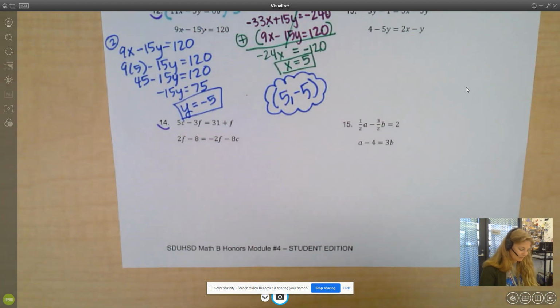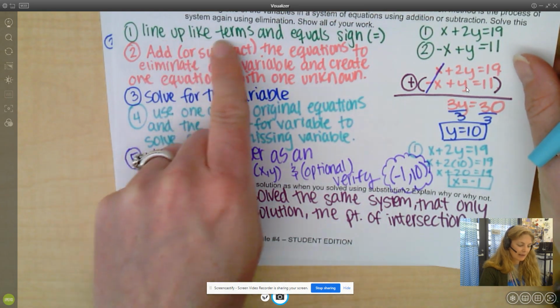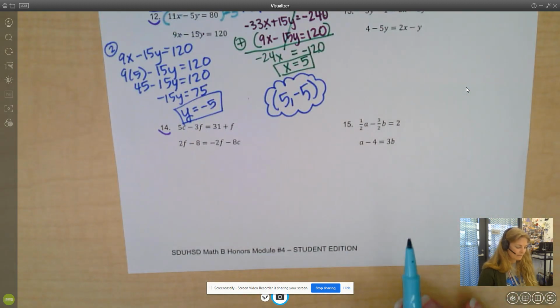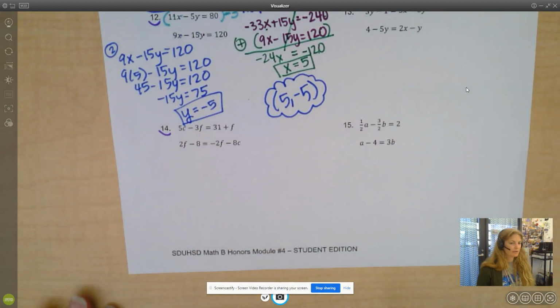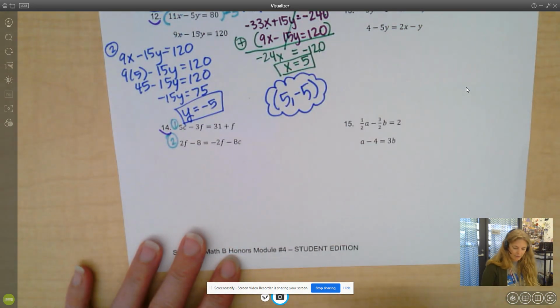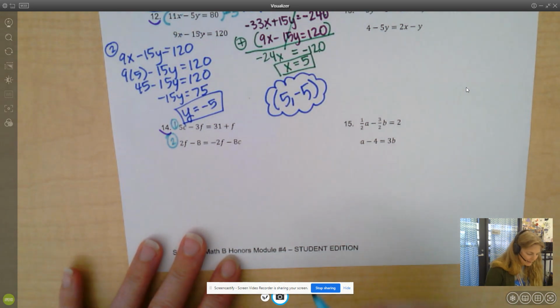Okay, 14. Remember, step 1 when we are solving these systems is to line up your like terms and your equal sign. So taking a look at 14, gee golly, you have variables all over the place. So let's clean this up. So I'm going to write this as 1 and 2 just to keep my work nice and organized.